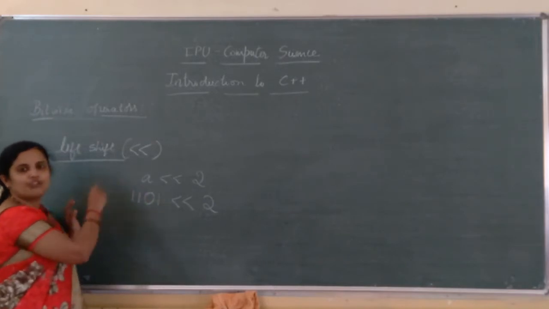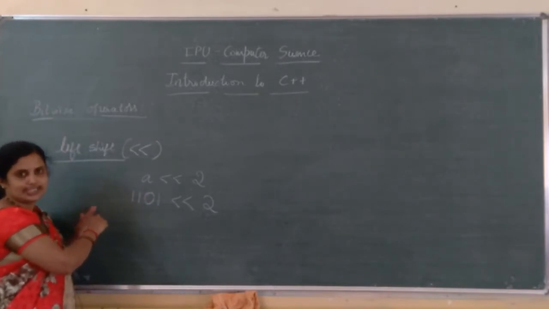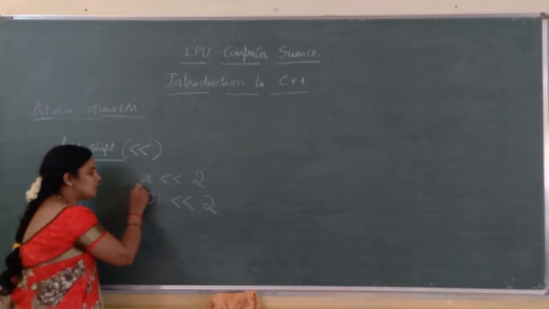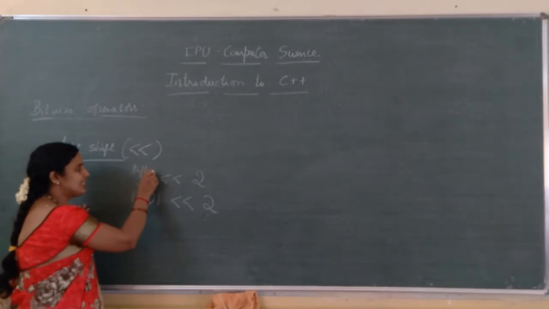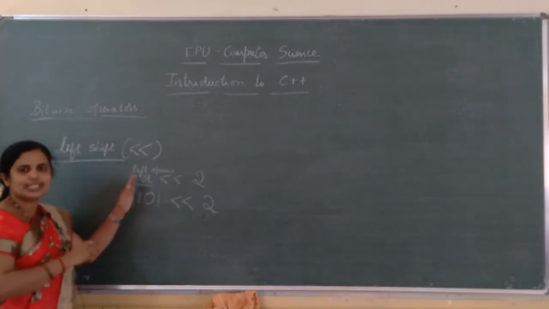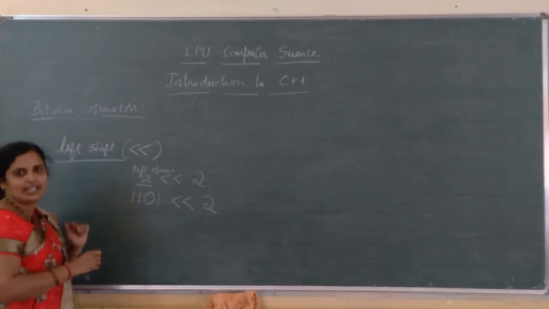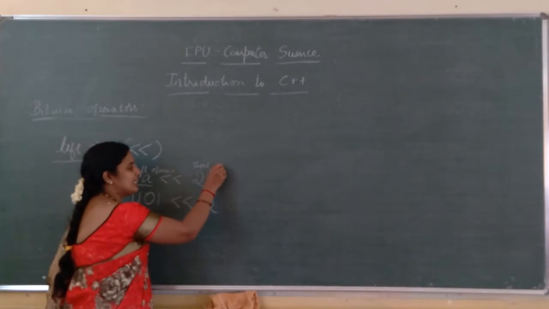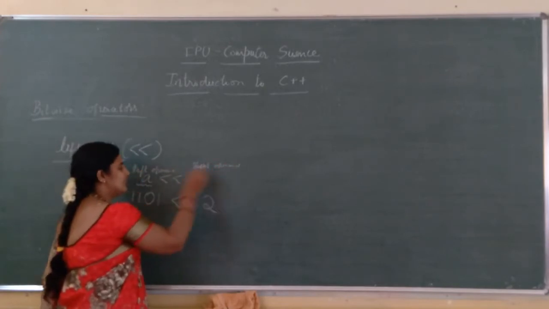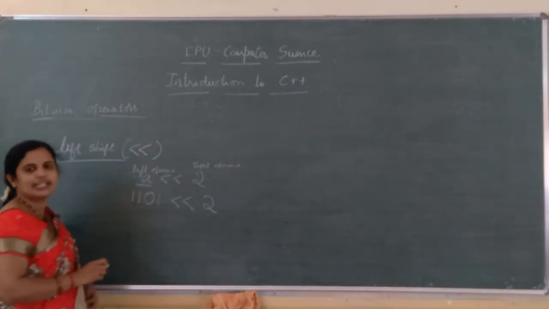This is known as the left operand, because it is the operand which lies on my left side. This is the right operand. This is the left operand, this is the right operand.